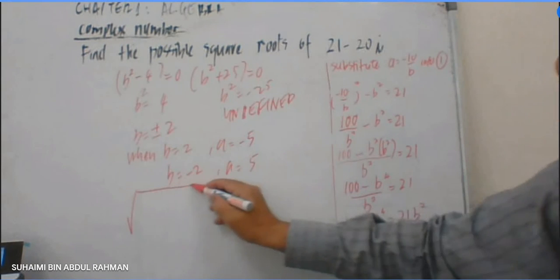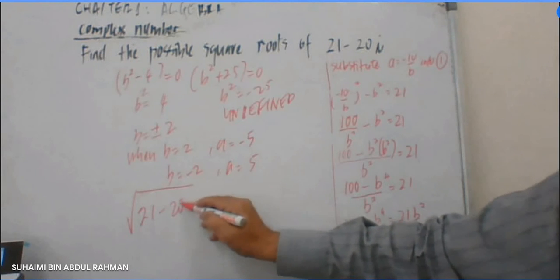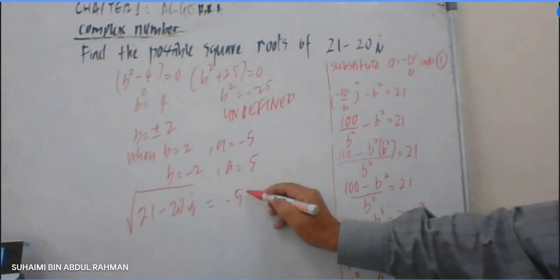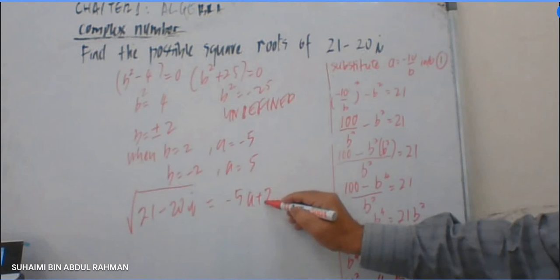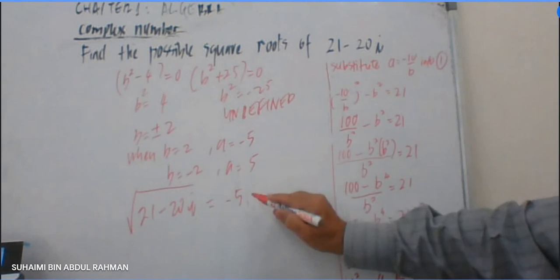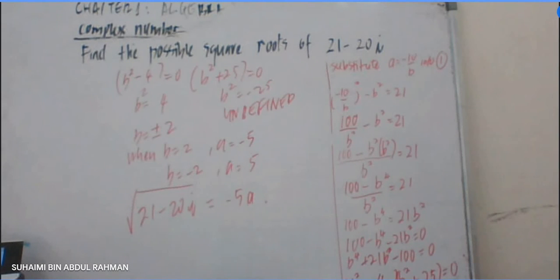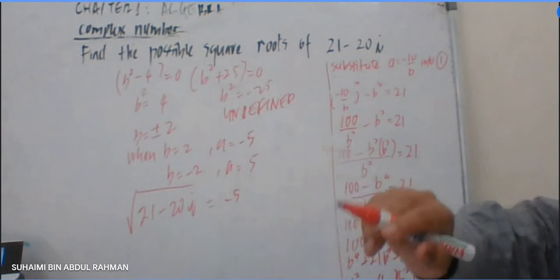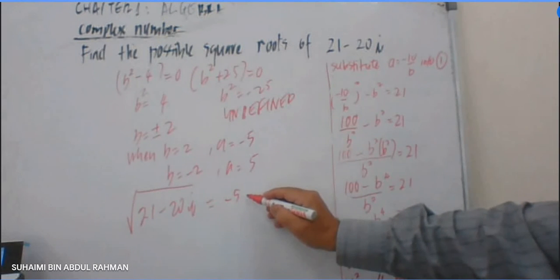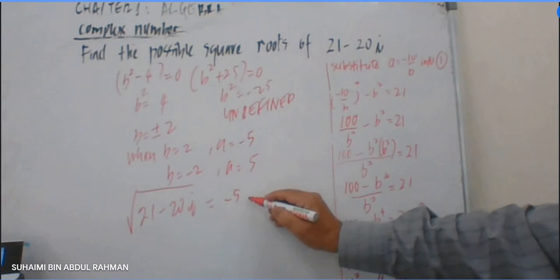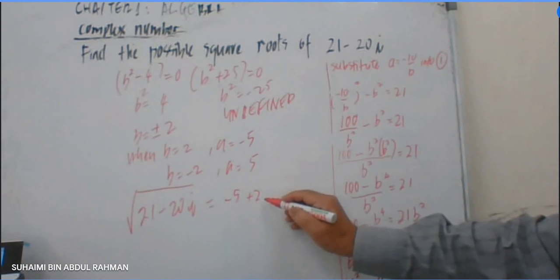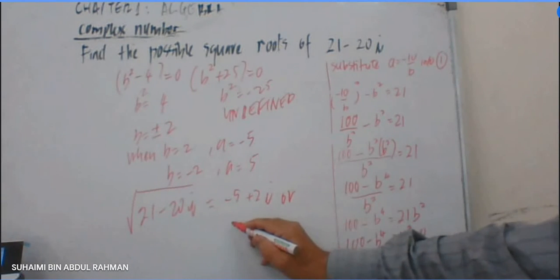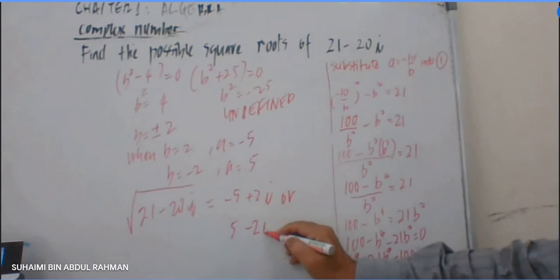Therefore, the square root of the original question, square root of 21 minus 20i, is either minus 5 plus 2i, or another one, 5 minus 2i.